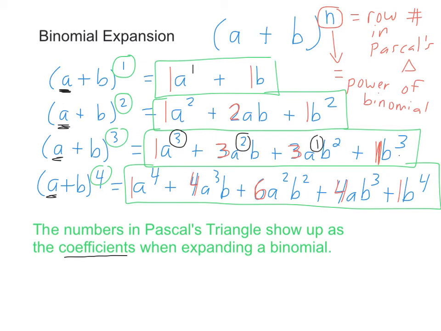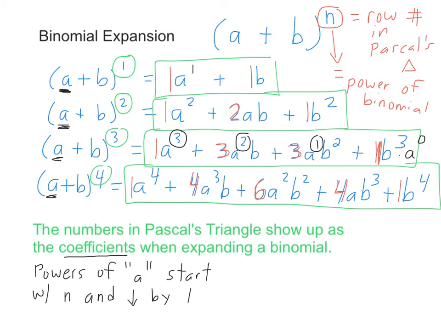The last one we don't have written, but it's really a to the 0. So the powers of a start with n and decrease by 1. Again, if n is 4, we have a to the fourth, a cubed, a squared, a to the first, and there's really a to the 0, but we don't need to bother writing it.